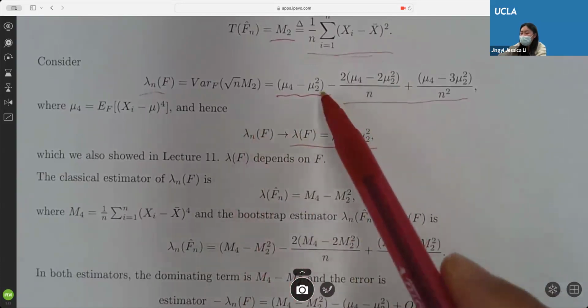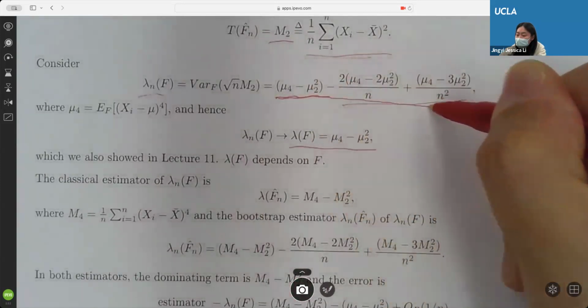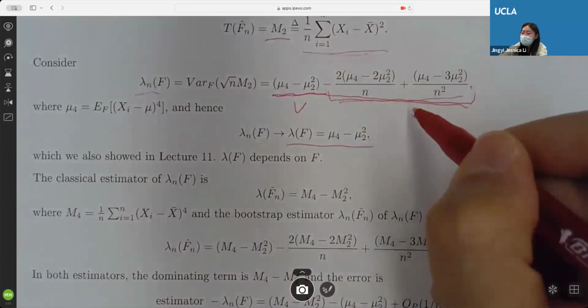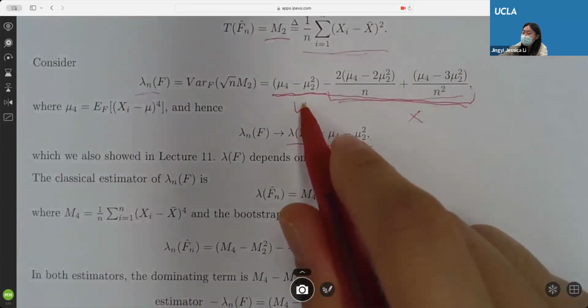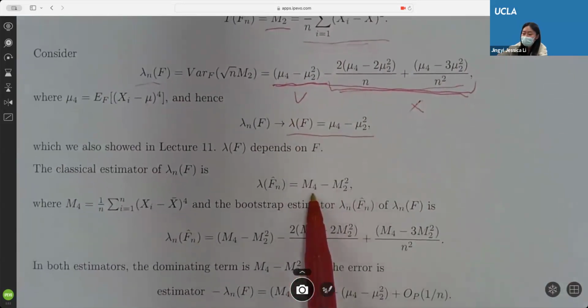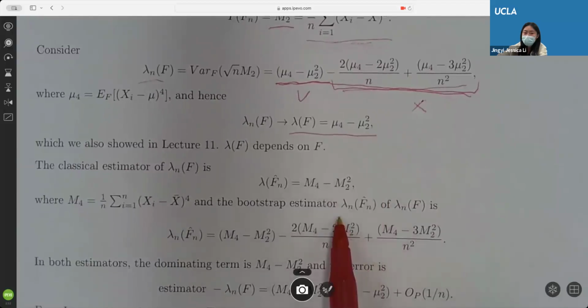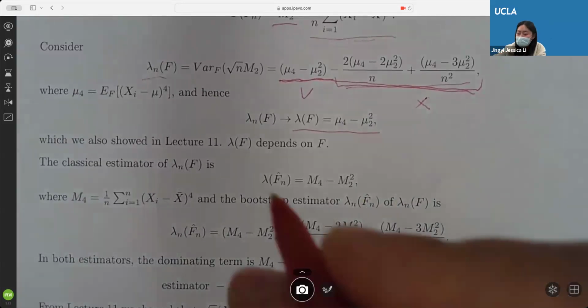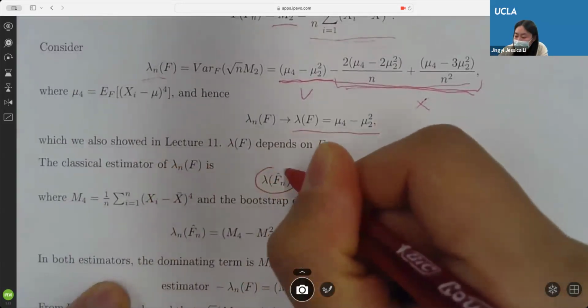So in this case, the limiting version only has this term remaining and this term gone, right? So when you do plug-in, you just plug in this one. So you change mu4 to m4, you change mu2 to m2. That's it. And m4 is the sample fourth moment. Okay, that's it. This is what we call this classical estimator lambda fn.